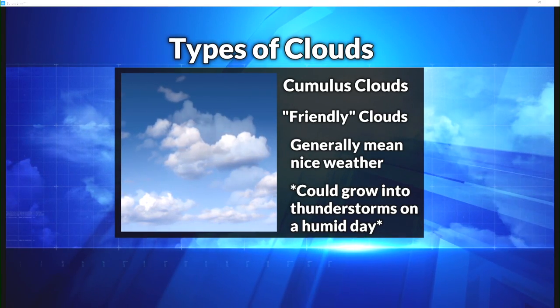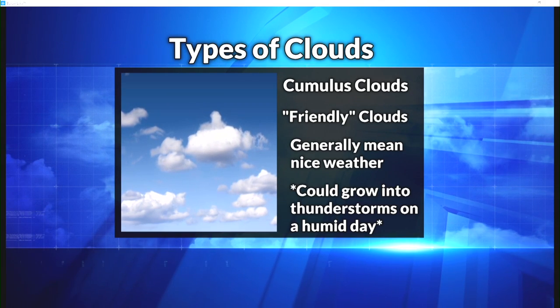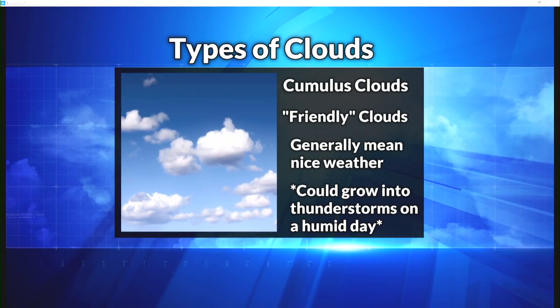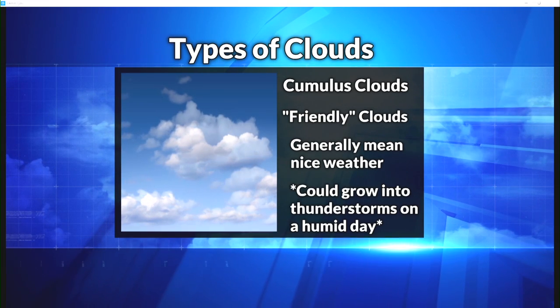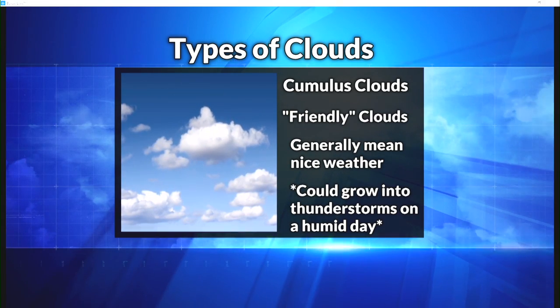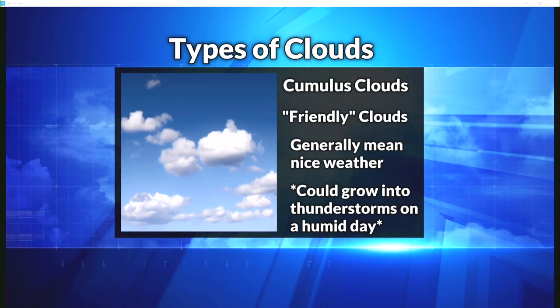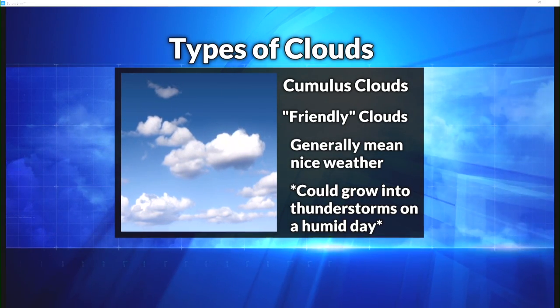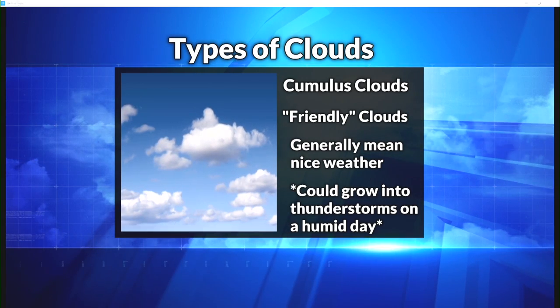So these are what we call cumulus. Cumulus is Latin for heap. Think of heaping mashed potatoes on your plate, or cauliflower. And as Craig has here, they're generally friendly clouds, and they usually mean nice weather as long as they don't vertically develop.